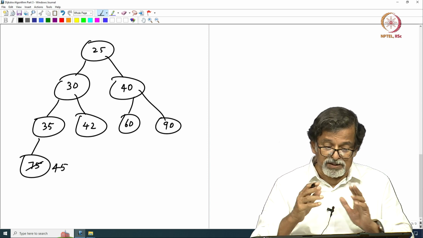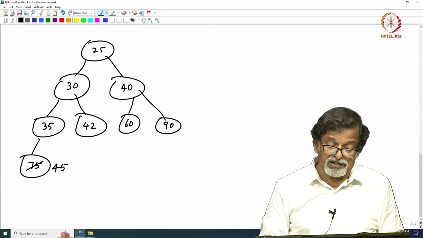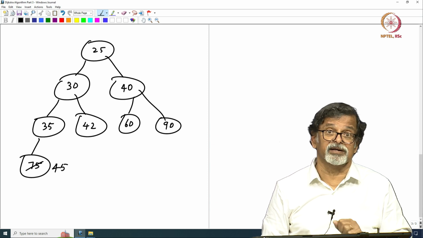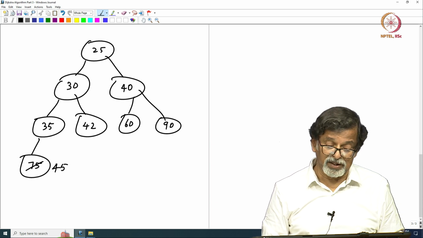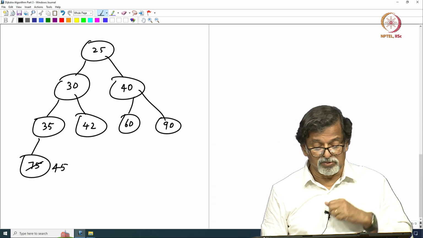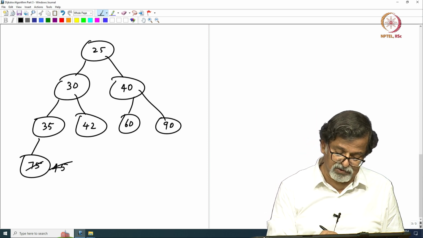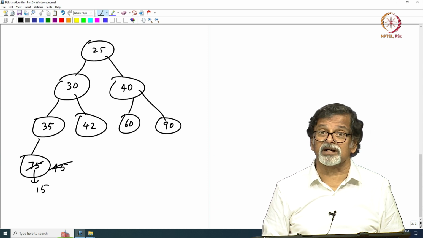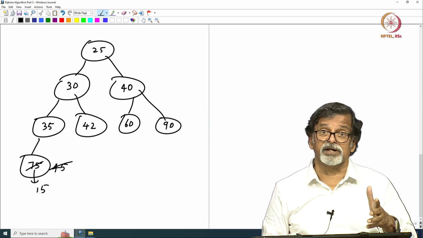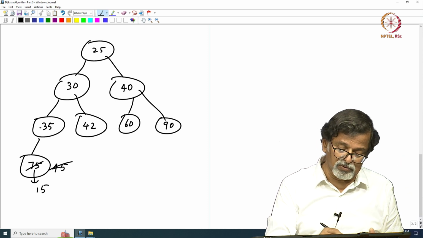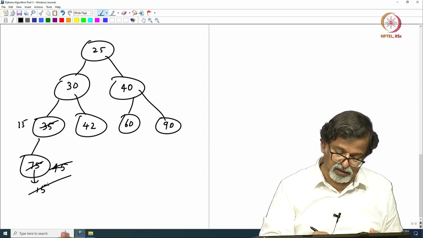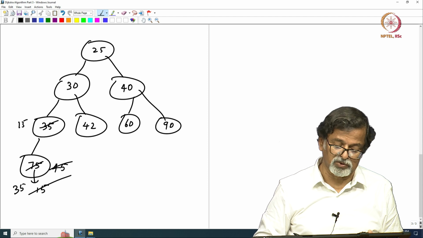Okay? But suppose you want to decrease 75 to 15, okay, 75 to 15. In that case 75 is to be updated to 15, 15 is smaller than 35, it cannot be there, so it has to move up. So 15 comes here and 35 comes over here.